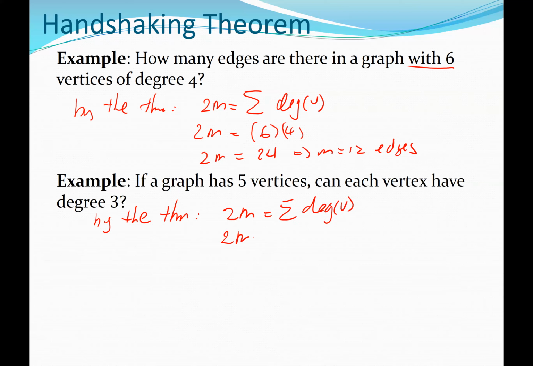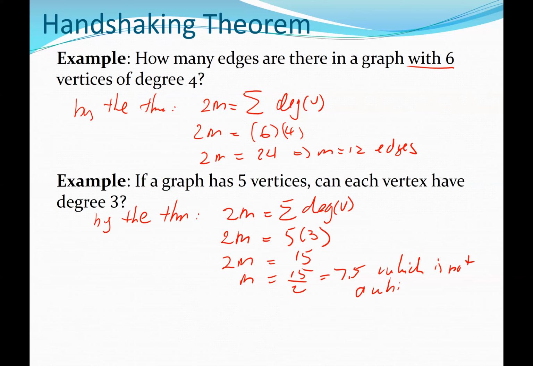So 2m equals 5 times 3, right? 5 vertices, each with degree 3. 2m equals 15, so m equals 15 divided by 2. So the answer is 7.5, which is not a whole number.